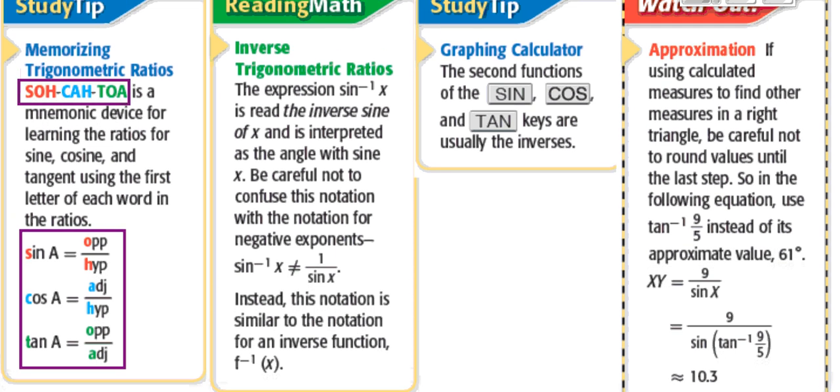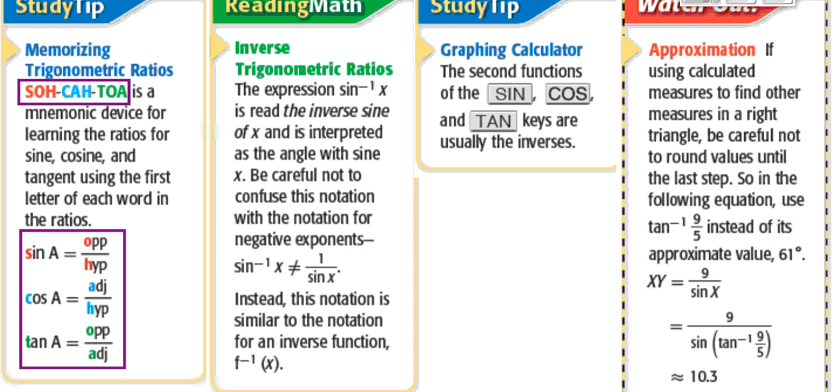Then also, just so that I remember to tell you, the sine to the -1, which is read the inverse sine of x, is interpreted as the angle with a sine of x. Be careful because we're used to sometimes thinking that the -1 power means 1 over.